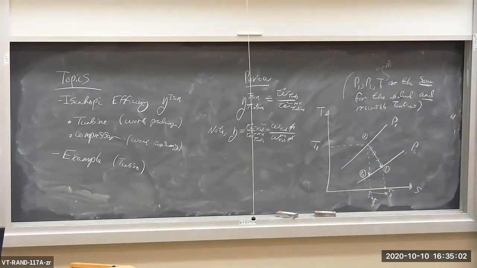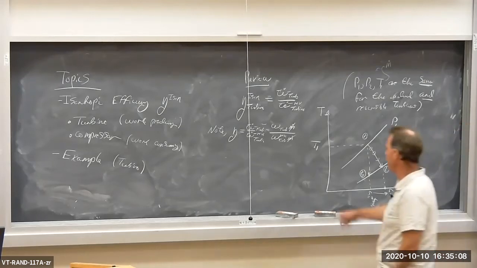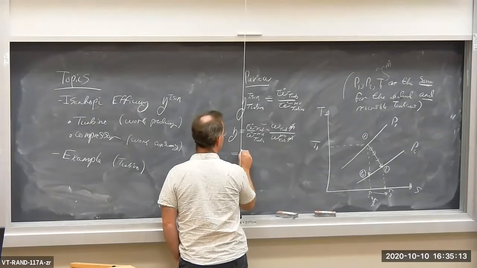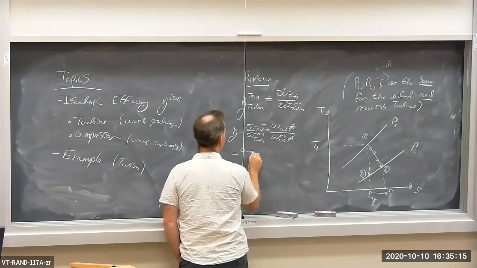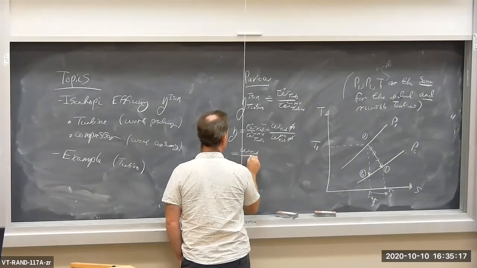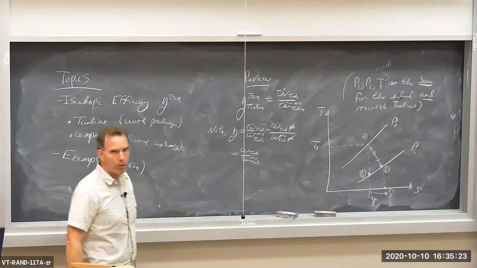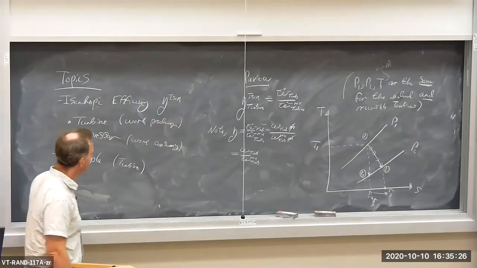So P1, P2, T1, m dot are all the same. So the m dots cancel and I get isentropic efficiency is equal to the ratio of the specific works. Okay, that's if I don't know what the m dot is, okay?